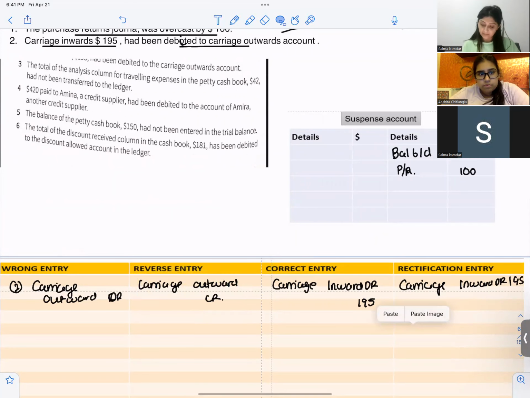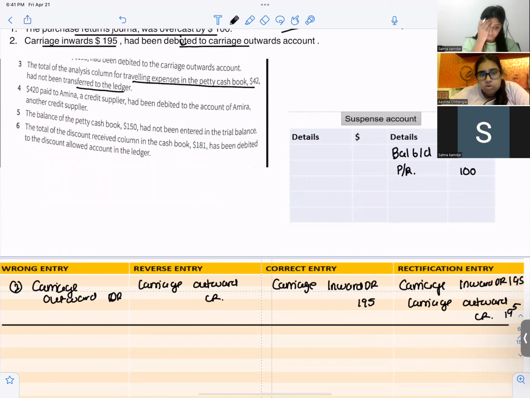Next one. The total of the analysis column for traveling expenses in the petty cash book, $42, had not been transferred to the ledger. So this is partial omission. The petty cash book credit, and you had to transfer it to the traveling expense account debit. So you did not transfer it.